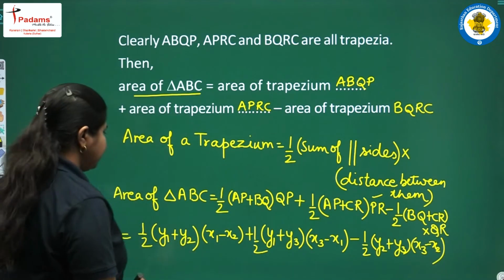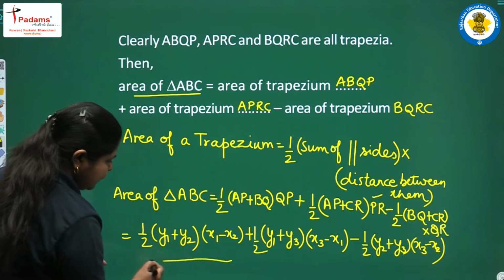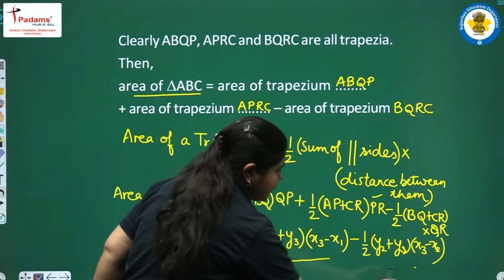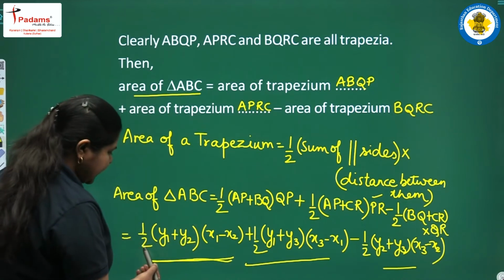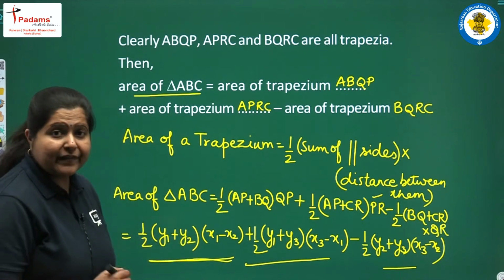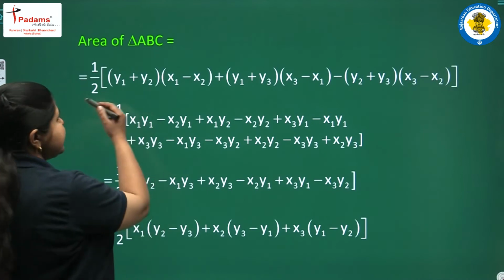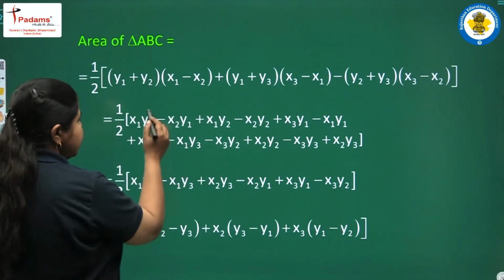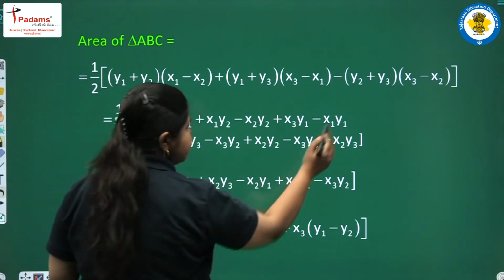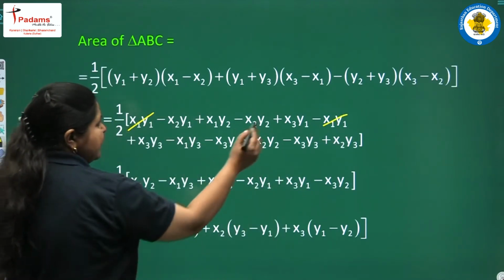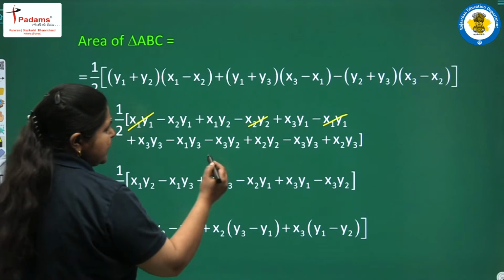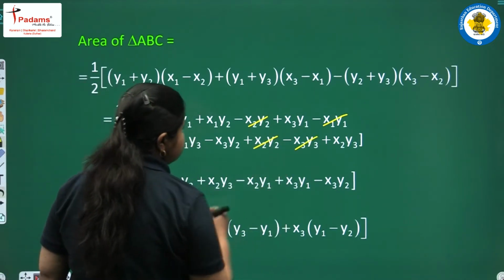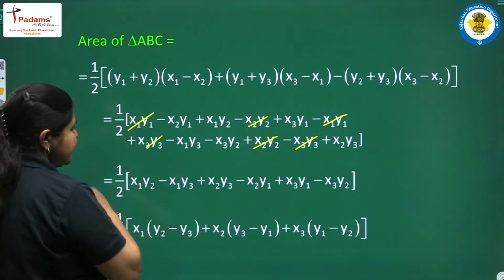So in this way we have added the area of the first trapezium and the second trapezium and then subtracted the area of the third trapezium. Now if you take out 1 by 2 as the common factor, you will get this expression, and then on simplifying and cancelling the like terms like x1 y1 minus x1 y1, then we have minus x2 y2 and here we have plus x2 y2, cancel it, then minus x3 y3 and here we have plus x3 y3.